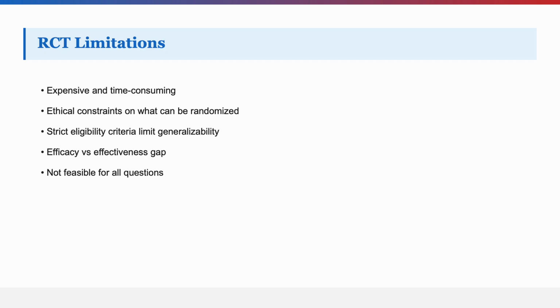Long-term effects require impractical follow-up. Many public health interventions can't be randomly assigned. For healthcare managers, this means RCT evidence is valuable but not sufficient. You also need observational data on effectiveness, safety surveillance, and implementation research.